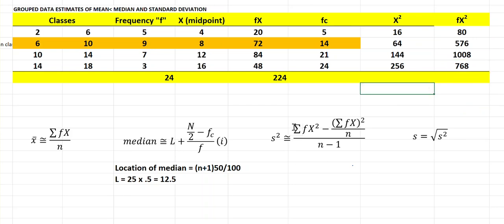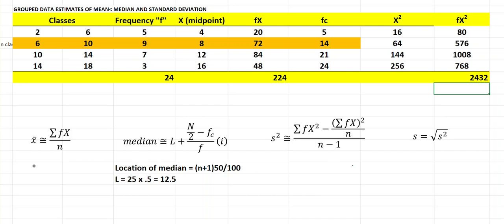Next, I know that I need to sum fx squared. So I'm just going to auto sum that. 2432. So we have everything we need now to compute the sample variance. So let's continue.